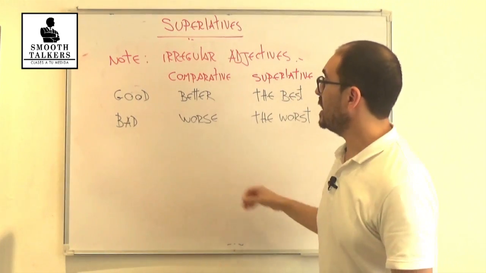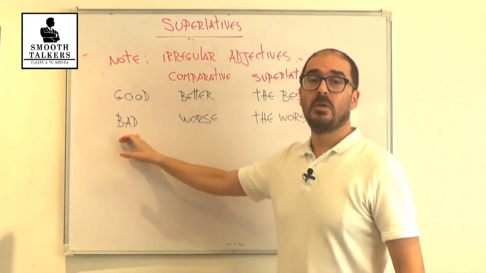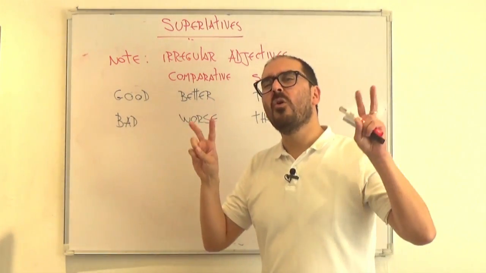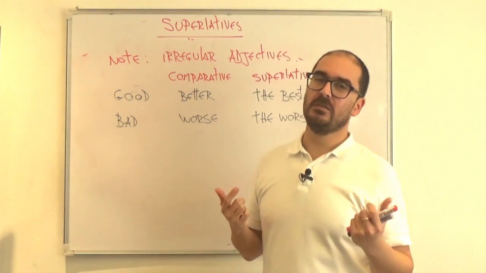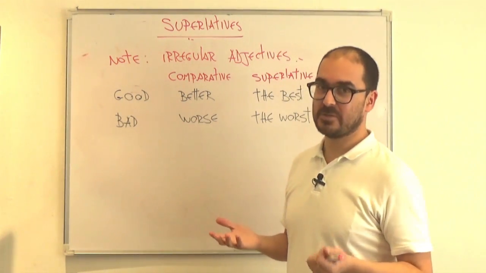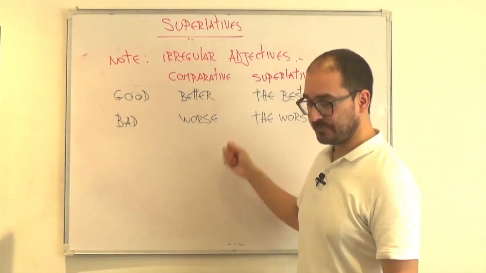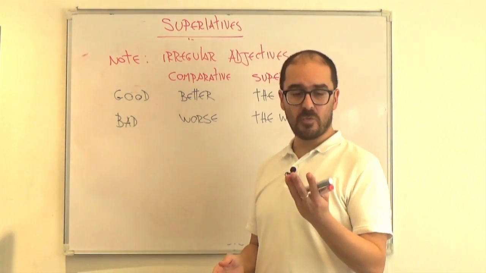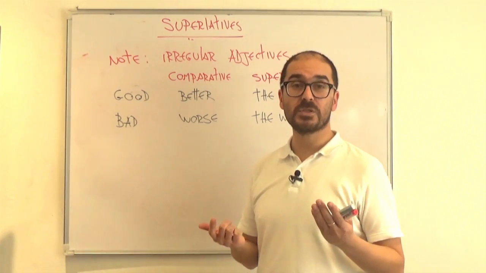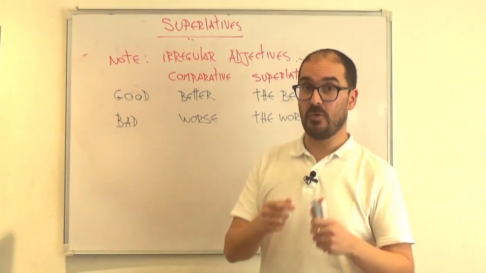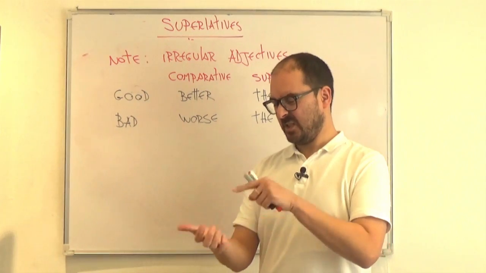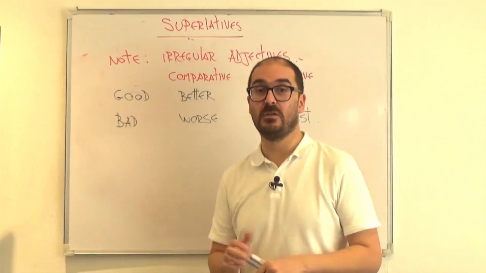Okay? Same thing happens with bad. When something is more bad than other thing, we don't do that, okay? That's wrong as well. We just say worse. For example, okay, I have a phone and my phone is worse than your phone, okay? Because it's never good and it doesn't even have a good signal.